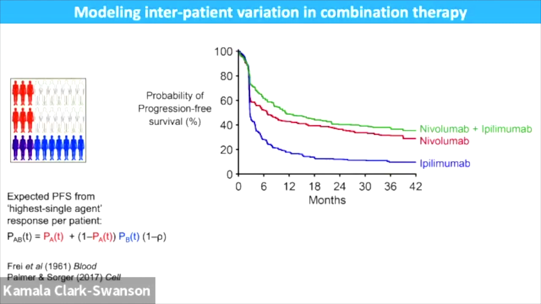And actually, so this concept here about the interpatient variation and increasing response rate, an equation was published in 1960 describing how you could calculate the expected response rate from multi-drug combinations according to this principle. And a few years ago, I showed that this concept is also applicable to progression-free survival data. So we have this simple equation that says maybe drug A works, or if drug A fails, maybe drug B works. And that makes very accurate predictions of phase 3 trial results in a variety of settings.